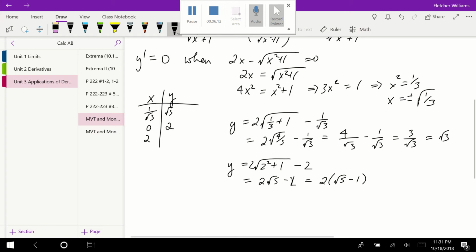Okay. And let's see, what can you say? 2 times root 5 minus 1. Maybe a good idea in this case to get a good calculator approximation.